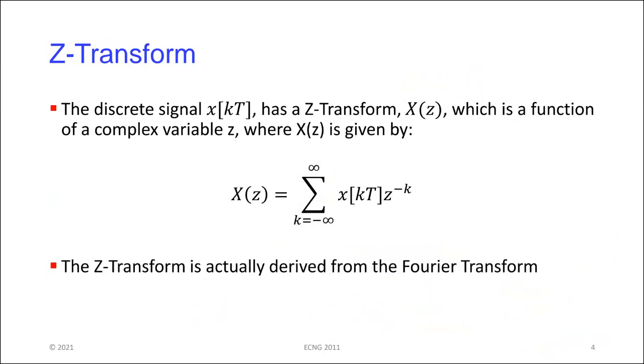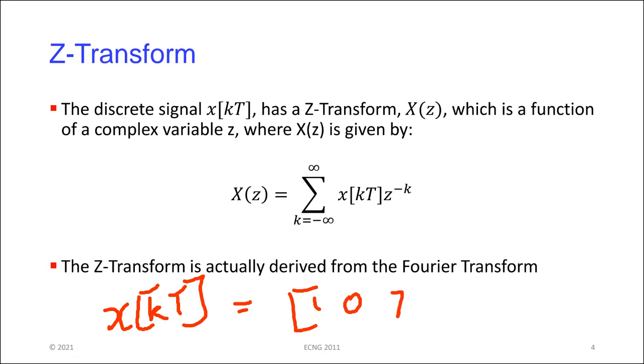So if you have a discrete signal, and we represent the discrete signal as x(kT), x(kT) may be a set of values. It could be a series of values like 1, 0, 7, minus 5, 14.6, etc. You don't know.